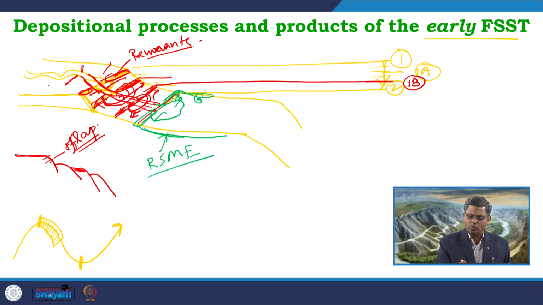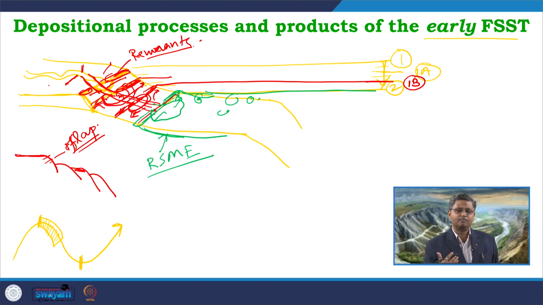At the same time, what we are getting over here is a high energy zone now, because we are getting continuous wave activities, maybe some storm activities. So, all these high energy activities will make this entire zone highly unstable, in terms of vigorous processes, wave activities, tidal activities, current systems.